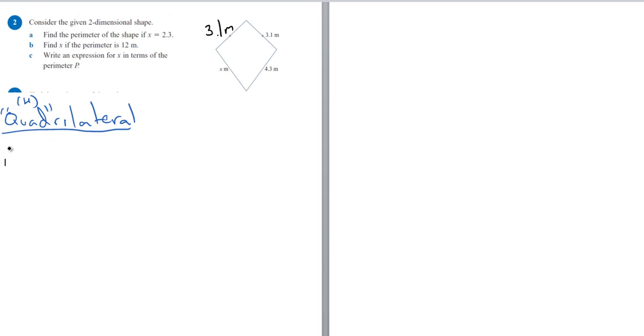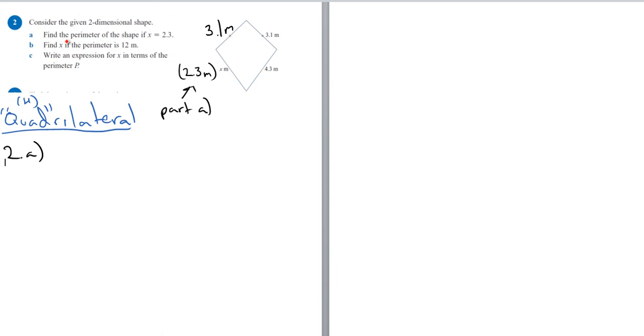In question 2a, we're told that x equals 2.3. So we can write, I'll put it in brackets, that this side is 2.3 meters. That's only for part A, we've only been told that it's true for part A. That might change later, but for part A, it's 2.3.